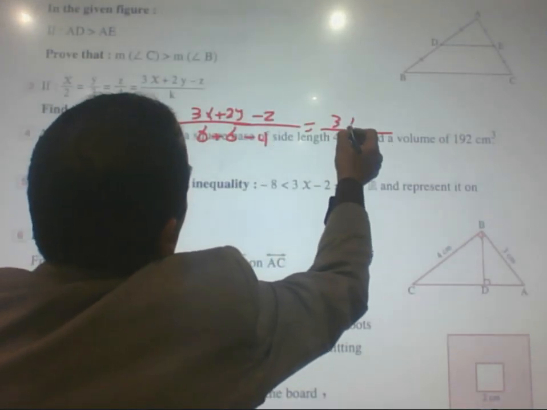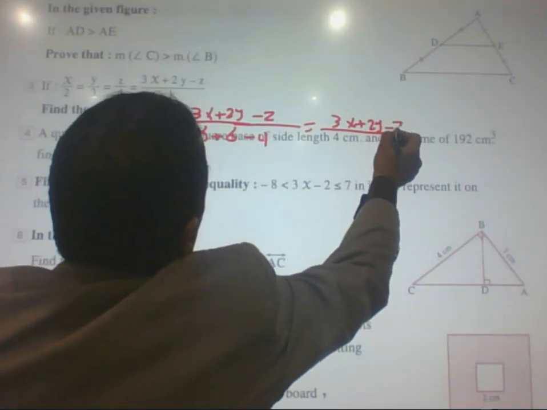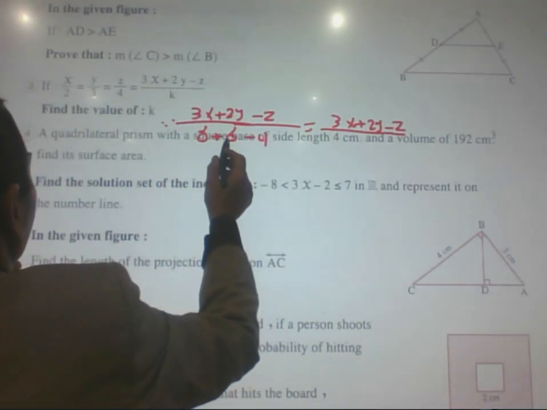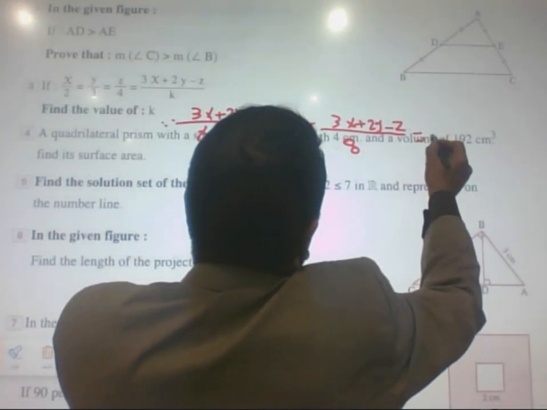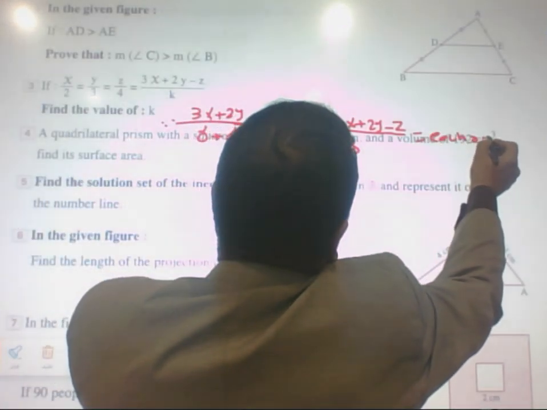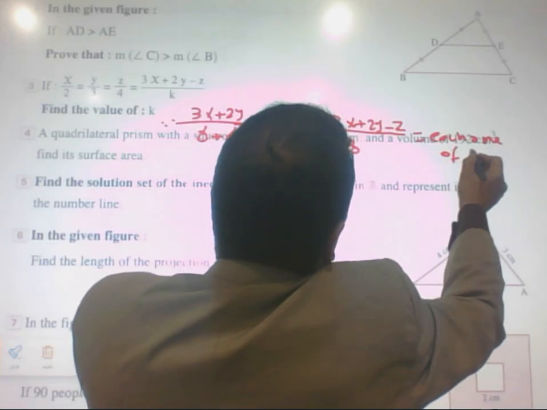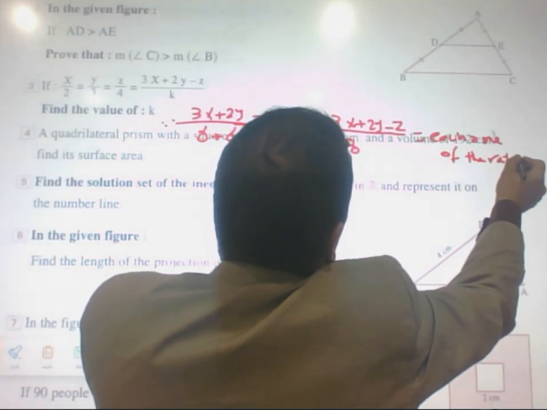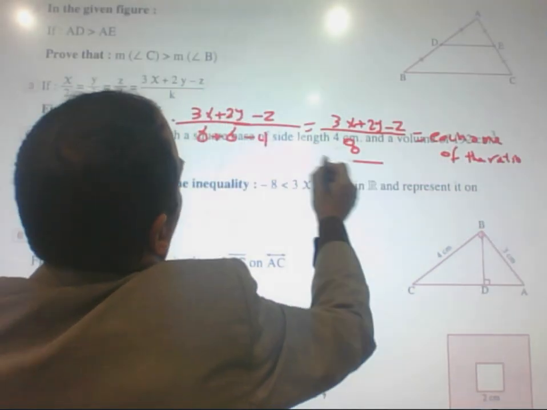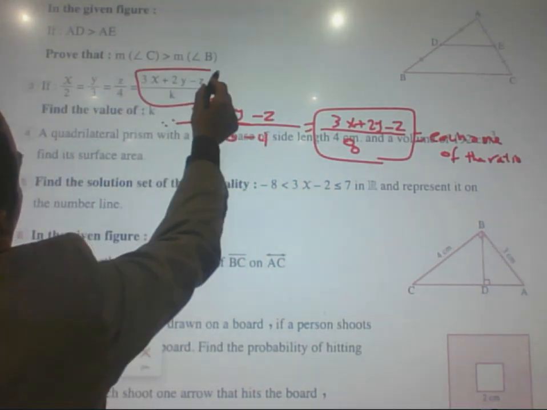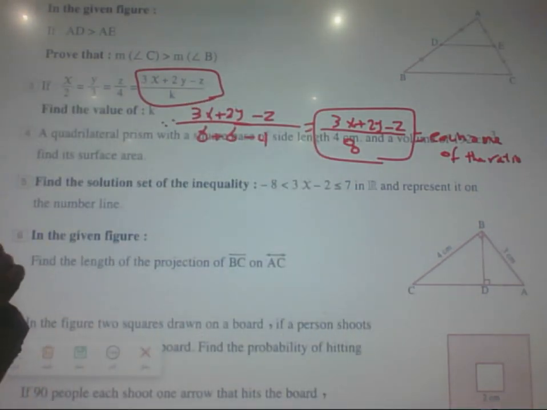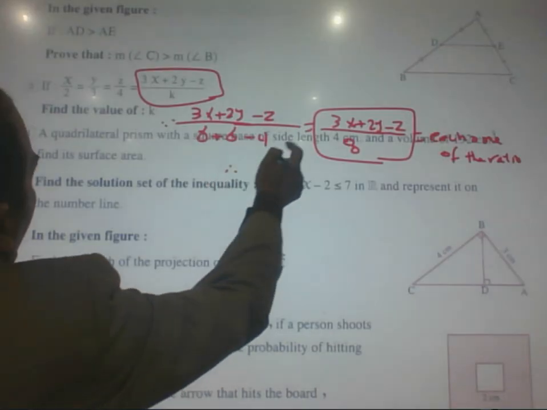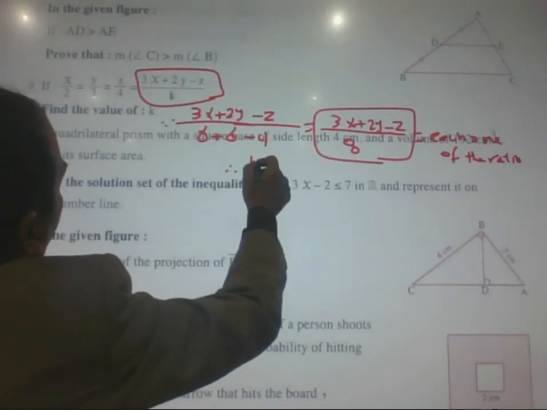This is equivalent to 3x plus 2y minus z over 6 plus 6, 12, 12 minus 4 equals 8, equal to each one of the ratios. They are equivalent. The numerator equals the numerator, so here k will be equal to 8.